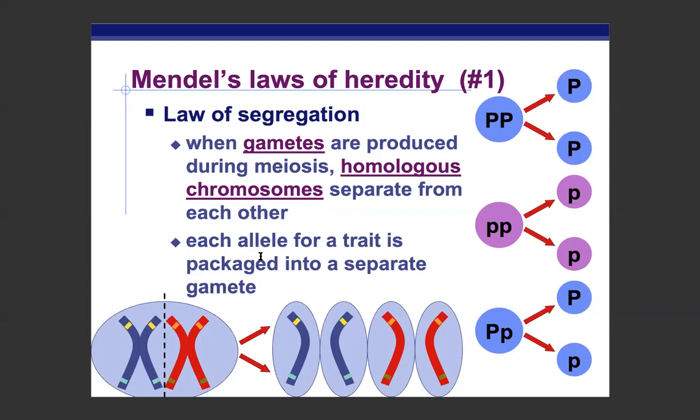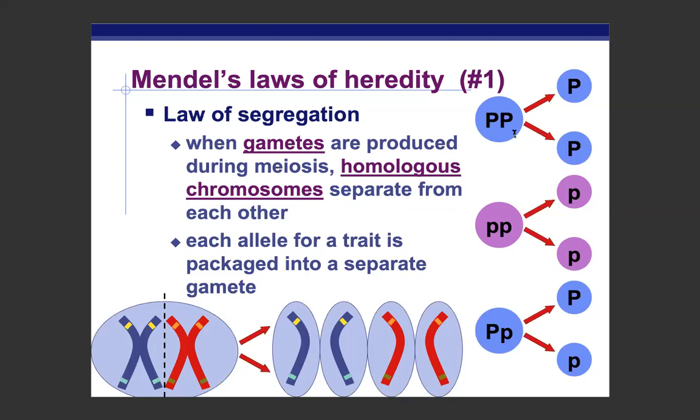So basically, if we look at the trait we've been looking at this whole video, the trait for petal color or flower color, the parent plant obviously has 2 chromosomes and 2 alleles for flower color. What the law of segregation says is that when it produces gametes from the original parent plant, when this parent cell splits during meiosis 1 into 2 haploid cells, the 2 alleles for flower color will each go into separate daughter cells.